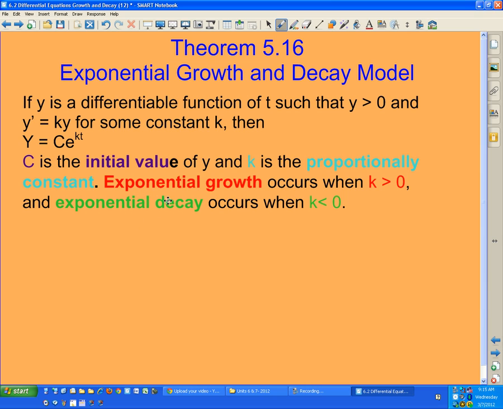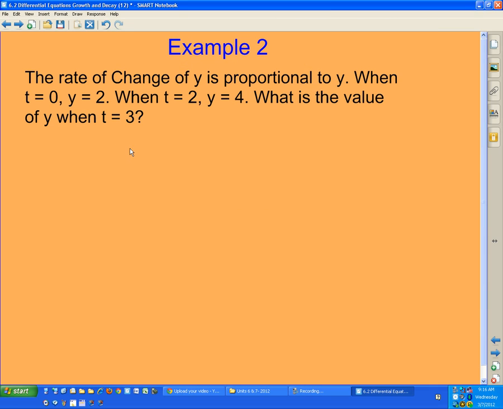If k is greater than 0, it's growth. If k is less than 0, it's decay. We're just reminding you of things that you learned in pre-calc. This formula is the same as Pert that you're used to seeing, but we'll deal with that as we go. This time, we are given that the rate of change of y is proportional to y. So that would mean y prime is equal to k times y.